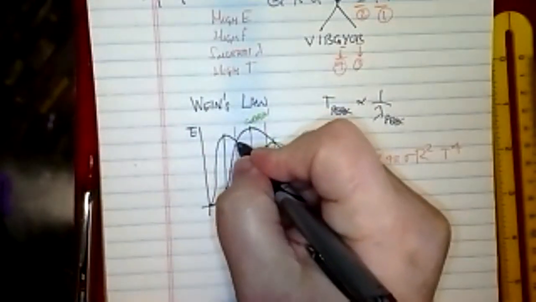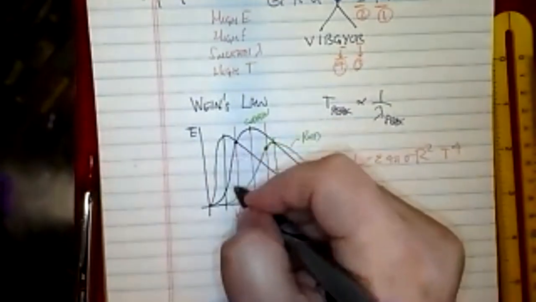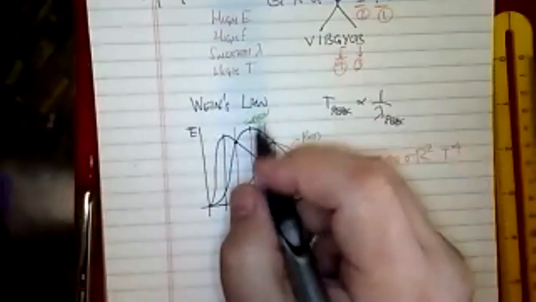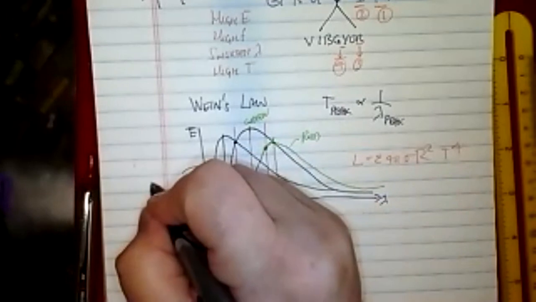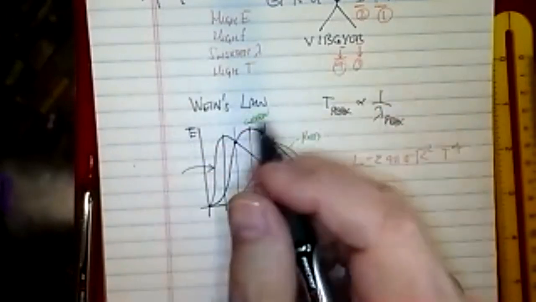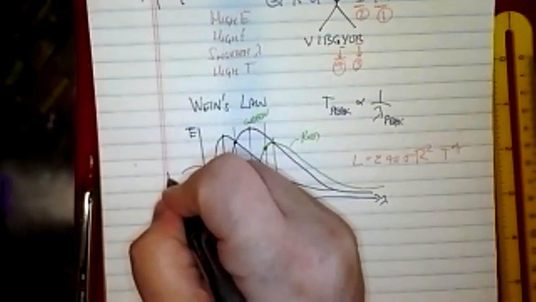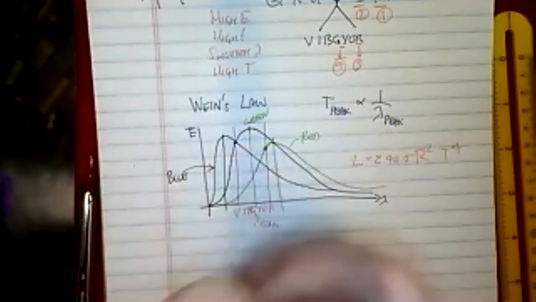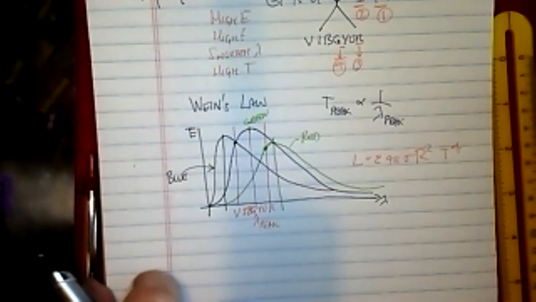Instead, you would find the part of the curve that's in the visible spectrum, and that, of course, is on the blue end. So you'd call this star blue, even though it's sort of violet. We pretty much call stars red and blue, and maybe orangish, and that's about it. So this one's going to be called a blue star. So that's how Wien's law allows us to figure out the color of stars.